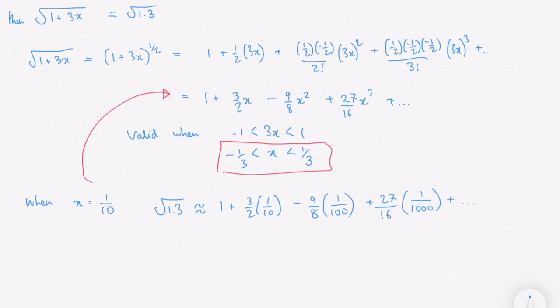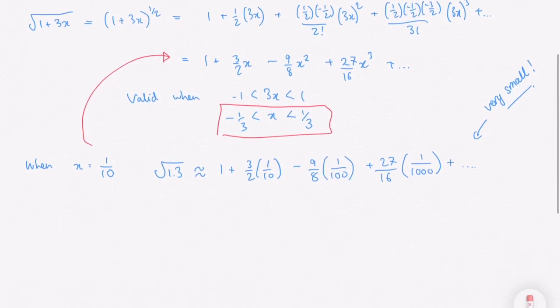But notice these terms are going to be very small, so we're going to get quite a good approximation because these things are only going to be very, very small numbers. Okay, so let's start to work this out. The beauty of this is we can actually calculate this without a calculator. This is going to help us approximate a square root without actually using our calculator.